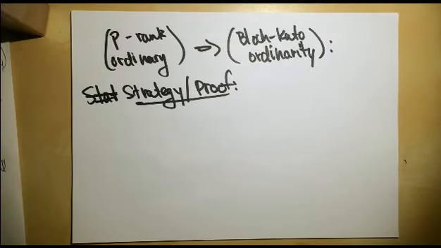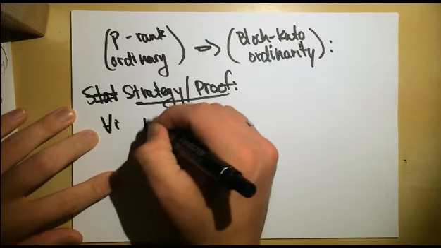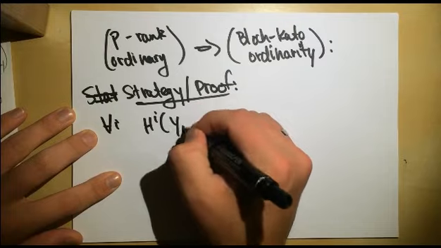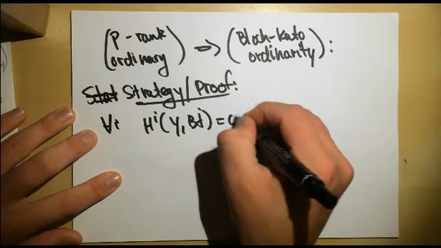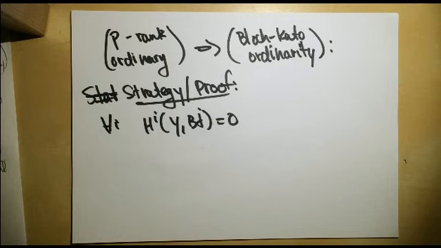Okay, so let's suppose that for all I, H^i(Y, B^j) is equal to 0. We're going to fix some j, and then we're going to apply a proof.